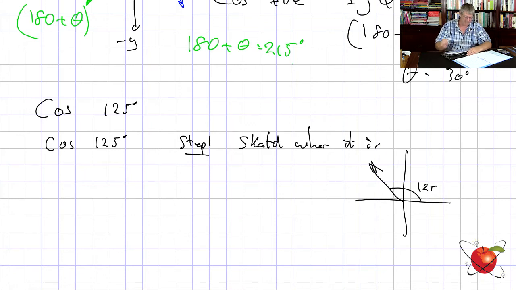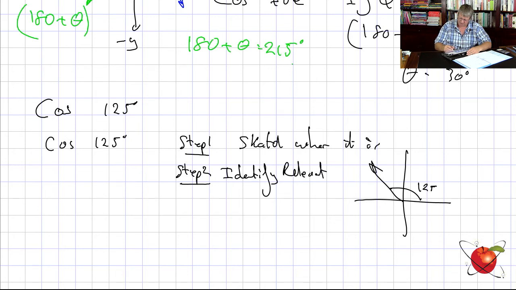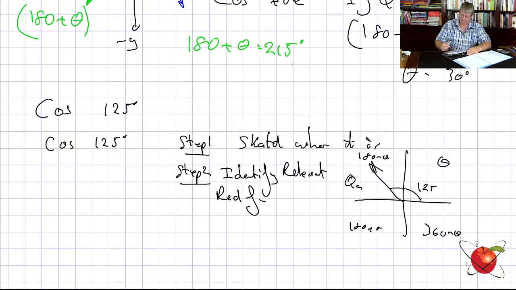Step two, identify the relevant reduction formula. In other words, this is our 180 minus theta, 180 plus theta. That's theta. You don't do anything there. So it's in Q2, which means that the formula is 180 minus theta.